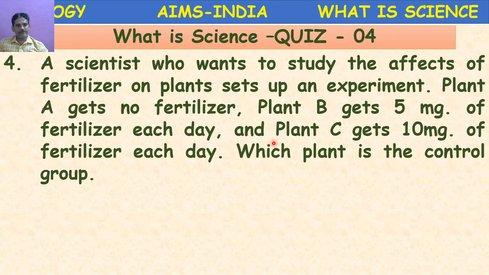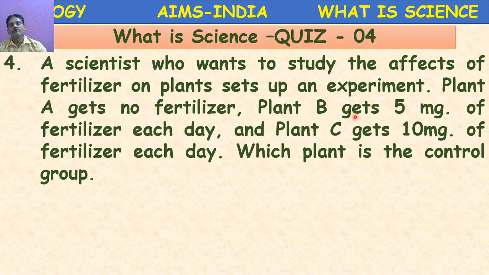Here the question is big. A scientist who wants to study the effects of fertilizer on plants sets up an experiment. He has done one experiment. Here he has taken three plants named plant A, B and C. Plant A gets no fertilizer.